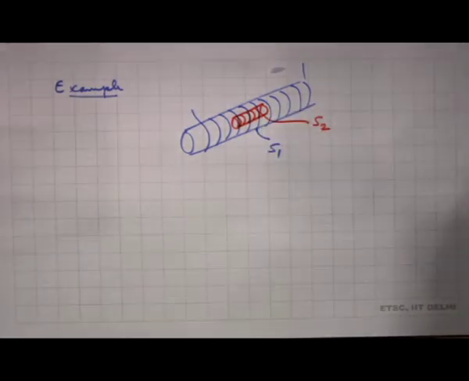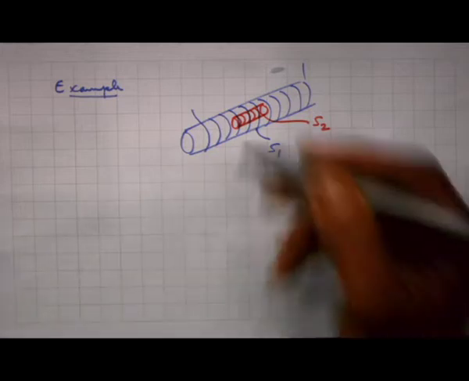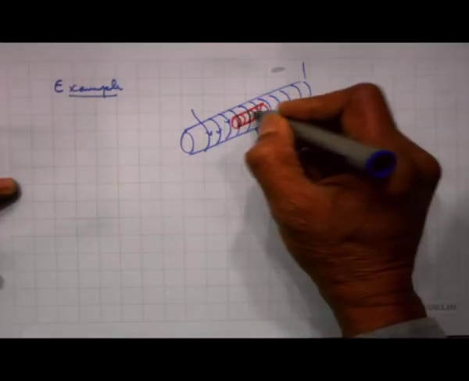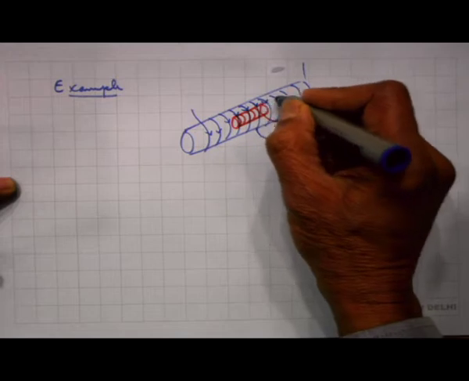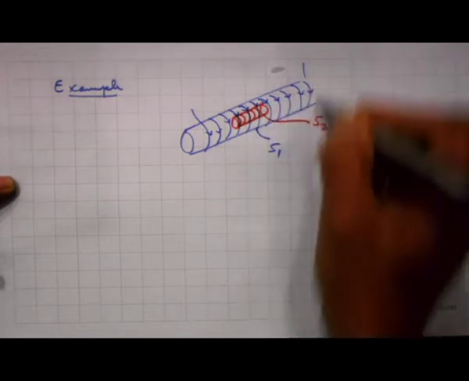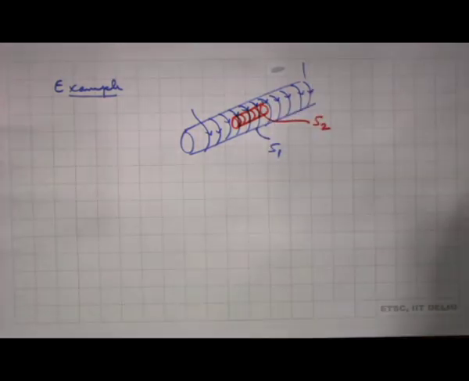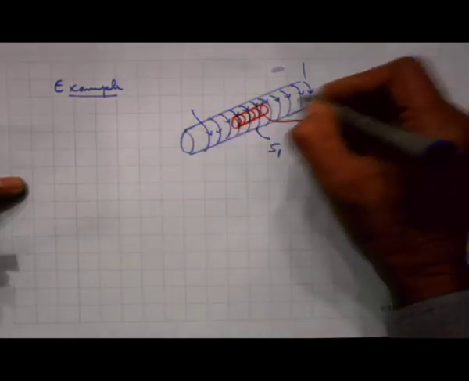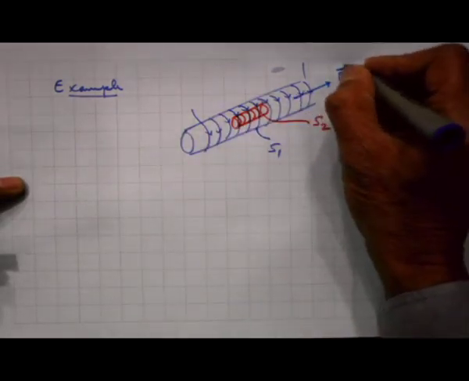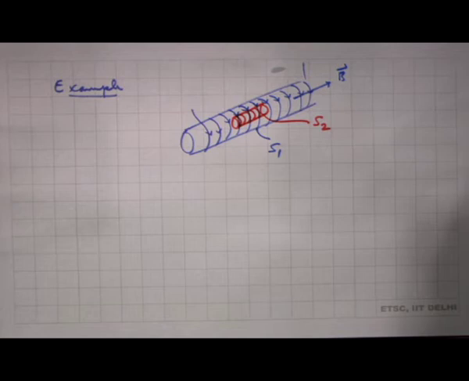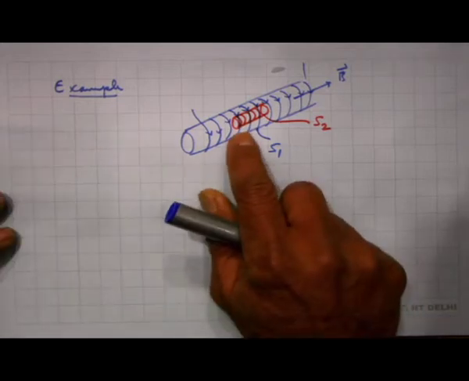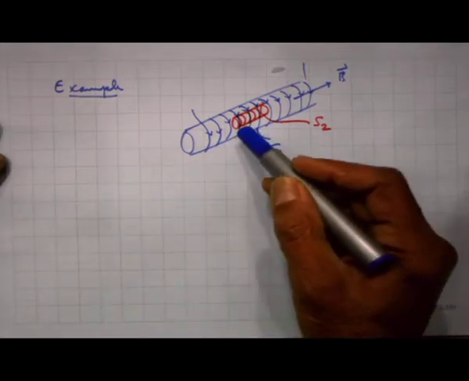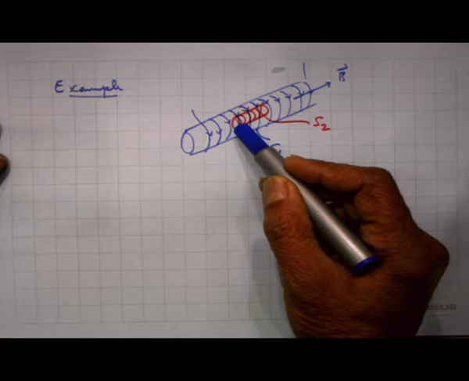Solenoid S1 is the outside solenoid, and there is a current flowing through this. This current creates a magnetic field within the solenoid, and because the current is flowing like this, you can see the magnetic field is like this. So, this current carrying solenoid produces a magnetic field in this direction. The inside solenoid actually has a flux passing through it.